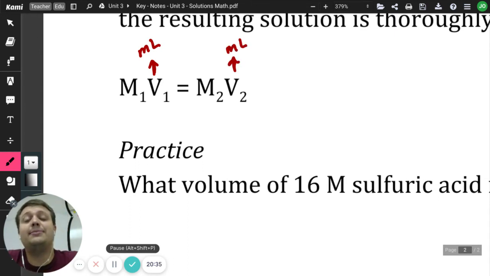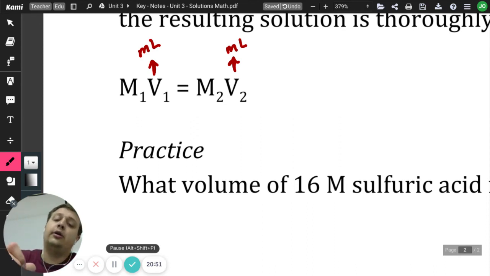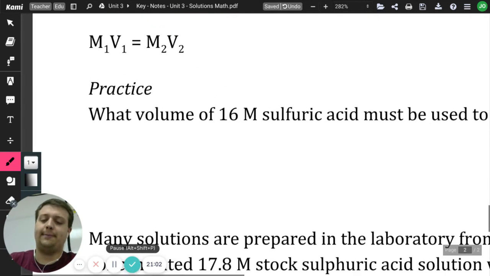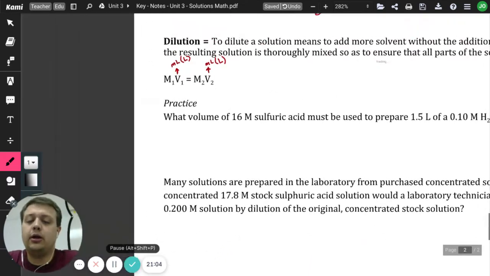But if it is in milliliters, you need to make sure that both of your volumes are the same. So if one's in milliliters and the other is in liters, you're going to have to convert one to the other. All right? So we need to keep that in mind. We need to make sure that we are consistent with whatever unit we choose for our volume here. All right? Okay. So here is a question.